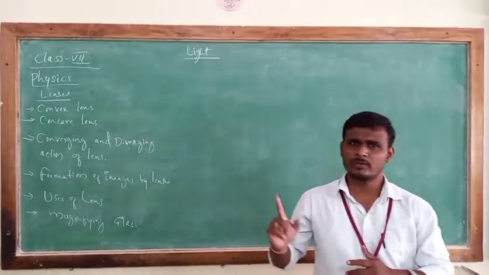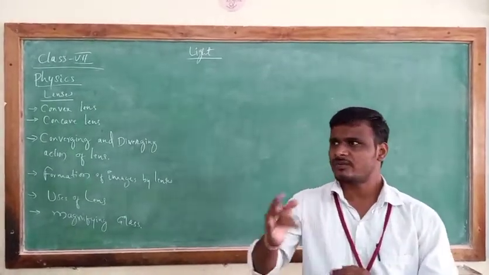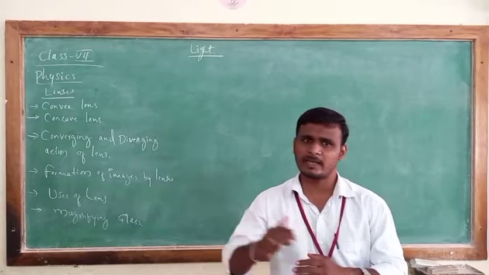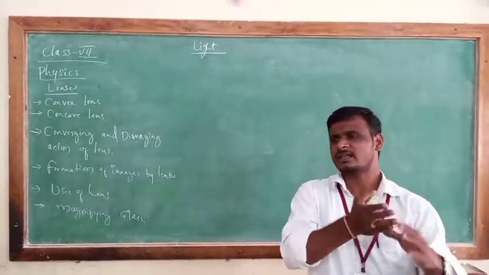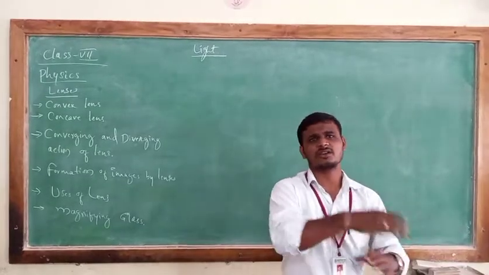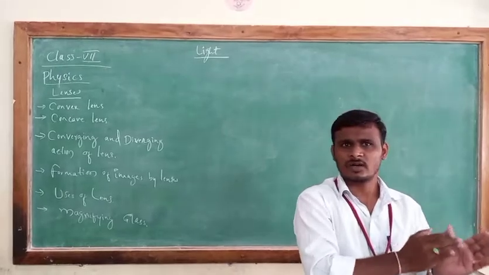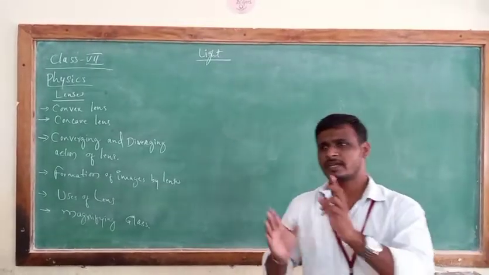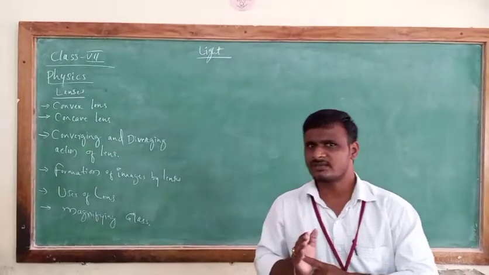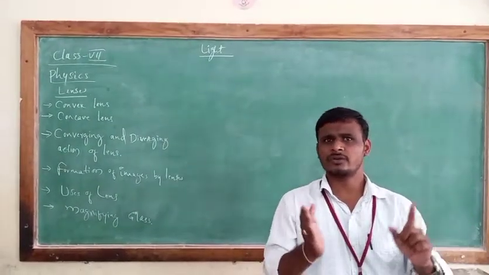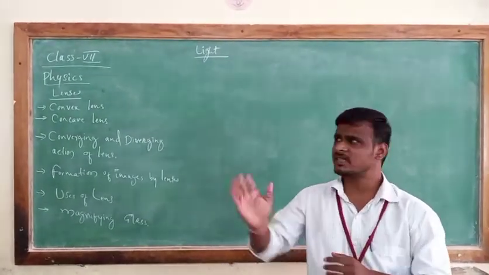The two curved surfaces may be convex or concave surfaces, or the lens may combine one curved surface and one plane surface, whether concave and plane, or convex and plane. This is what we call a lens.